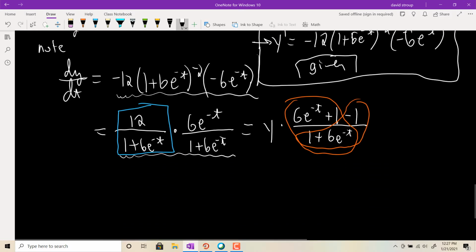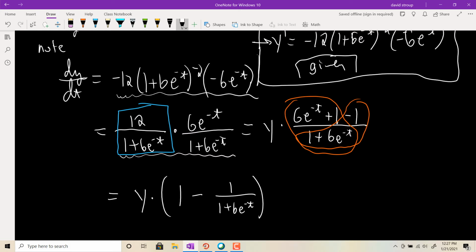Okay. So what do we have then? y times the 6e to the negative t plus 1 over 1 plus 6e to the negative t. That's just 1. And then minus this 1 all over 1 plus 6e to the negative t, which I'm hoping to rewrite as y over L. So I could get the L part if I just multiply in 12 over 12, right?